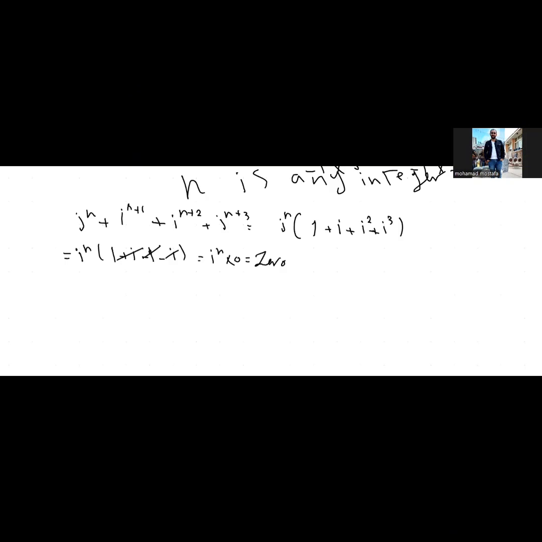And if we are speaking about the complex number, the complex number has a part that is an imaginary number and another part that is a real number.